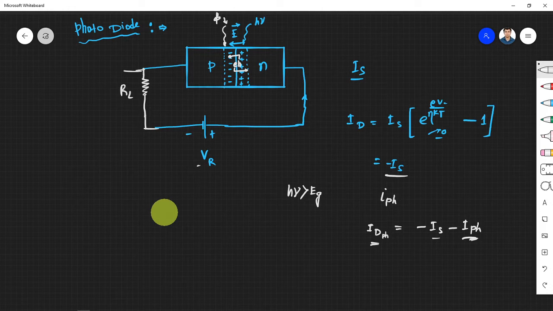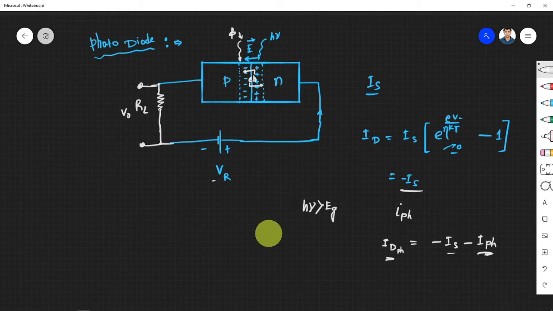And then we measure the voltage here. So this will be the V0. We can calibrate this, and let's try to draw the IV characteristics of this device. But first of all, you understood the concept.